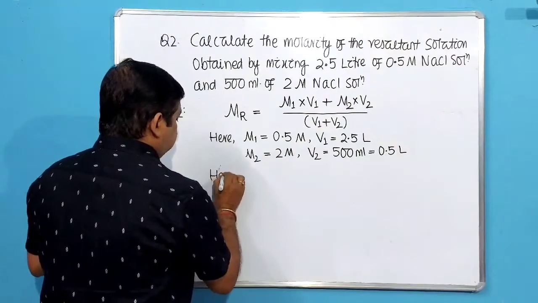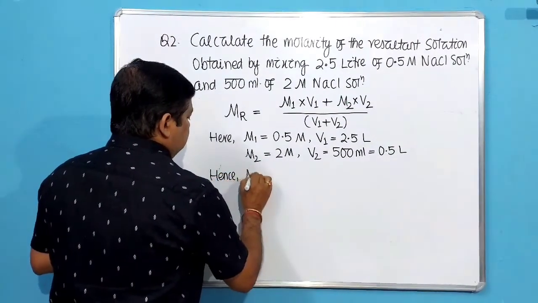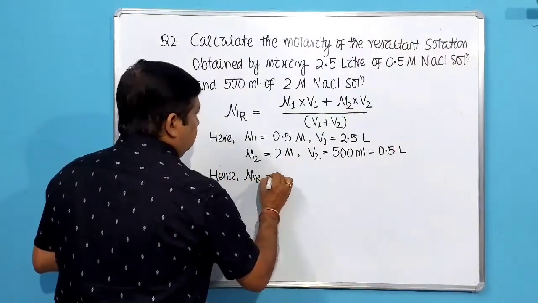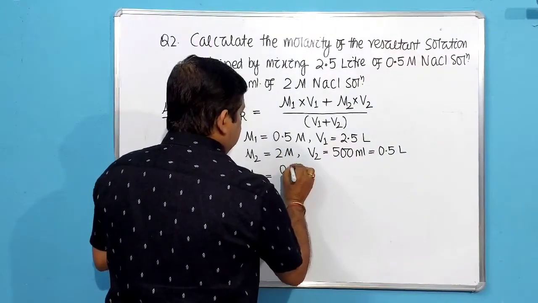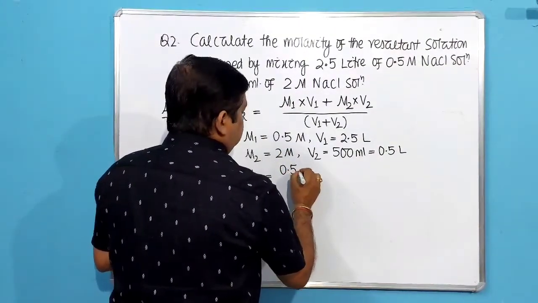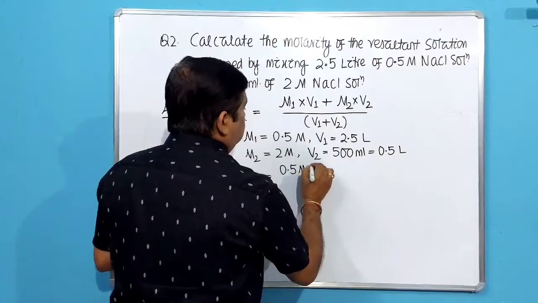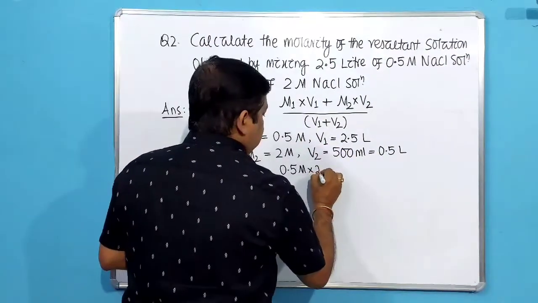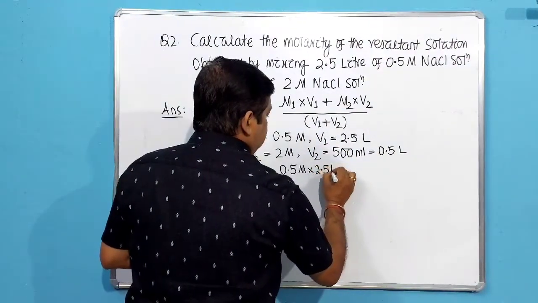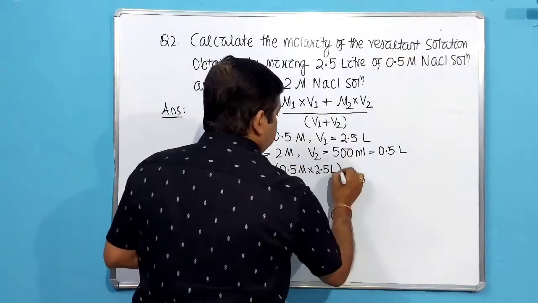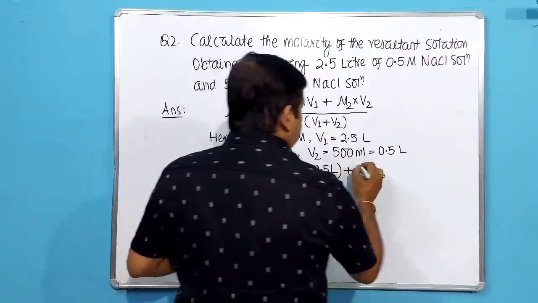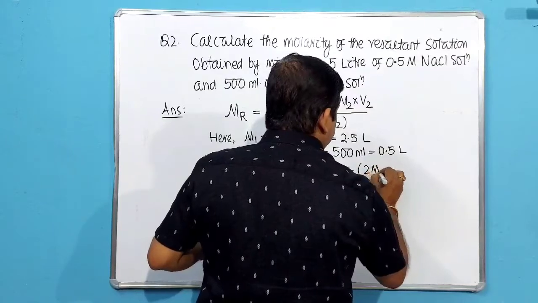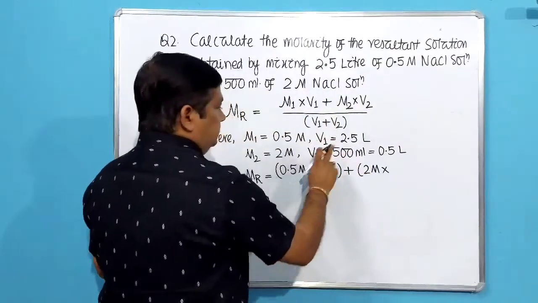Hence, molarity of the resultant solution MR will be M1. What is M1? Now 0.5 M into V1 2.5 liter plus M2 2 M into V2.